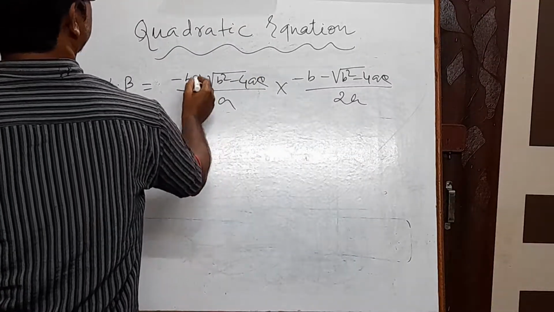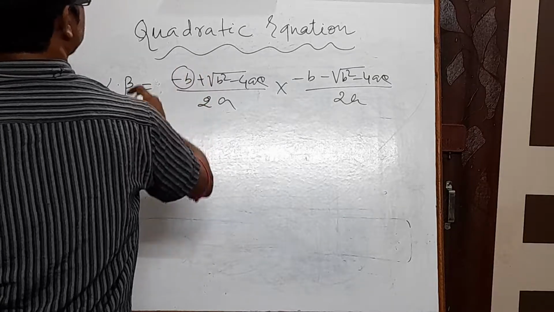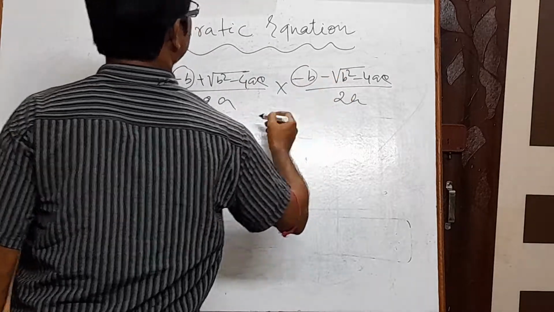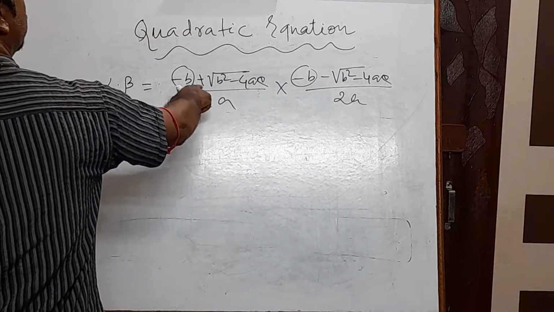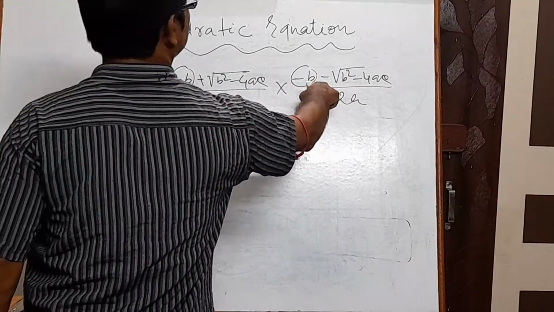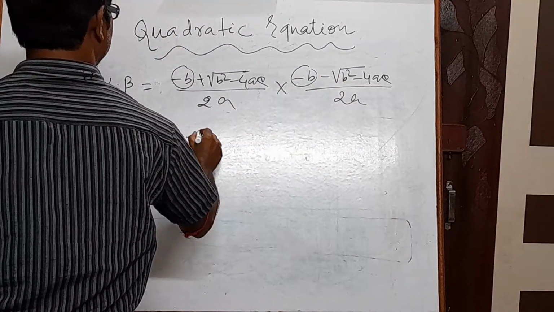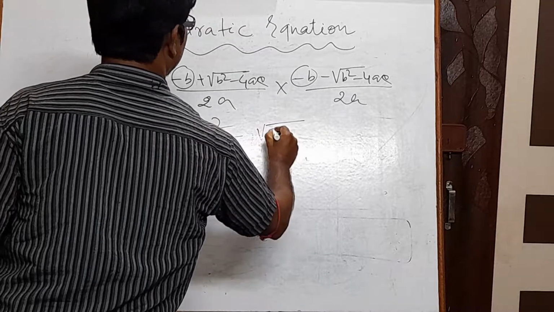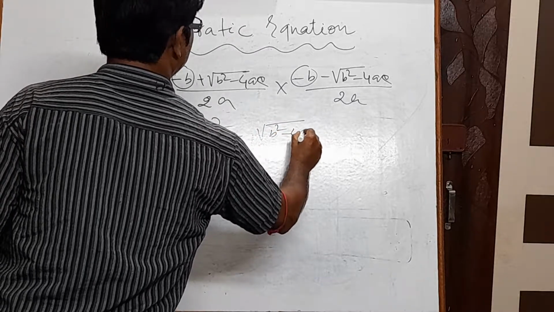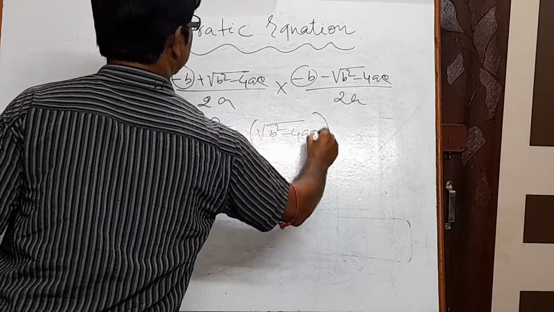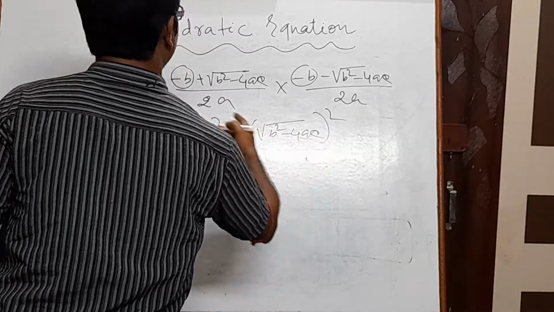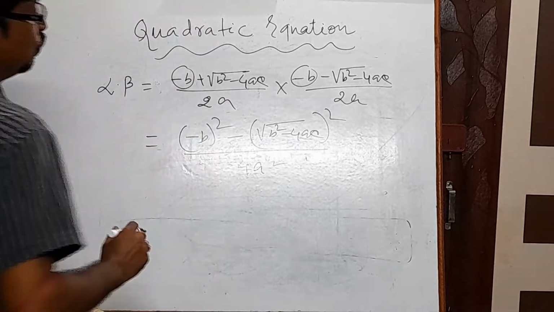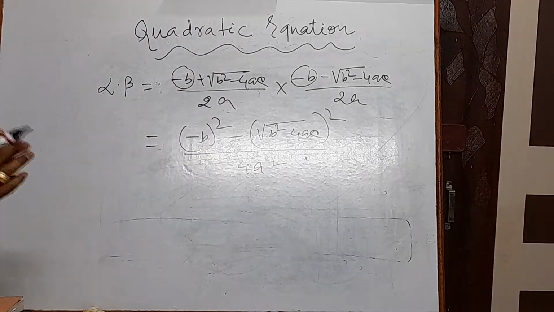If this is a and this is b, then a plus b into a minus b is a square minus b square, which means minus b square minus under root b square minus 4ac the square. This is a square minus b square, and 2a into 2a is 4a square.